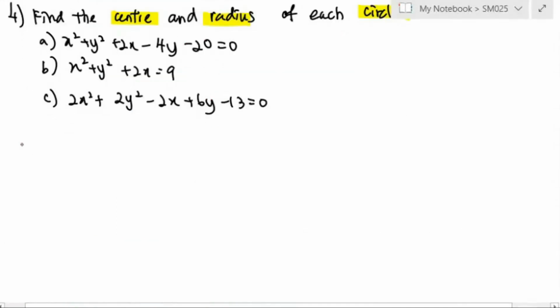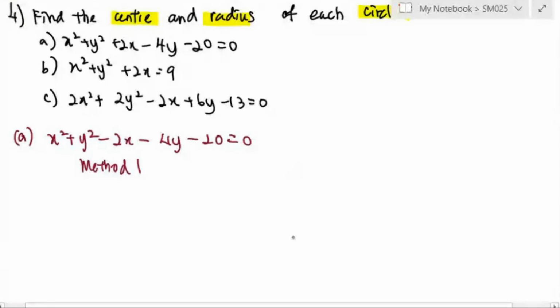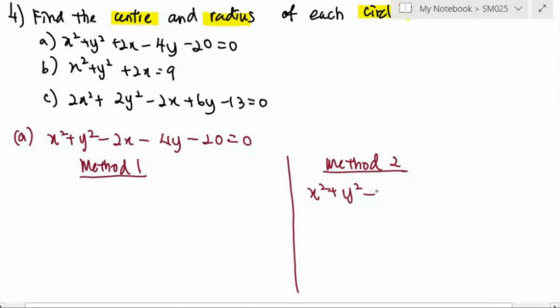Alright, example A. X squared plus y squared minus 2x minus 4y minus 20 equals to 0. So this is my method 1 and this is my method 2. Okay, so method 1, we're just using the formula for x squared plus y squared plus 2x minus 4y minus 20.